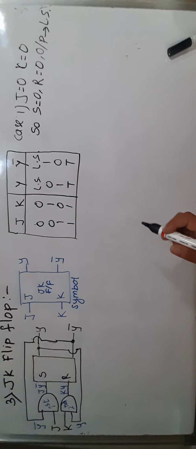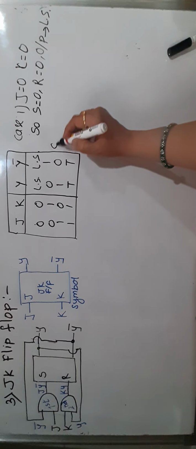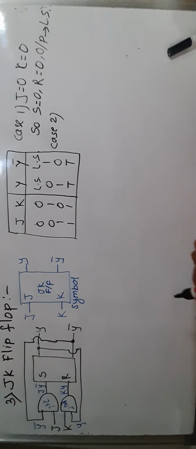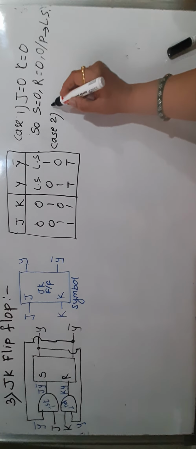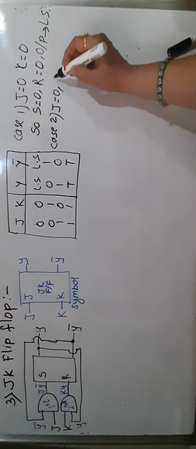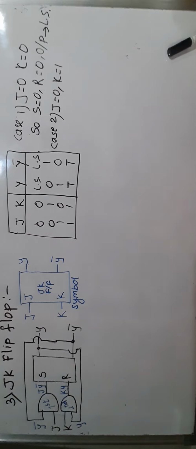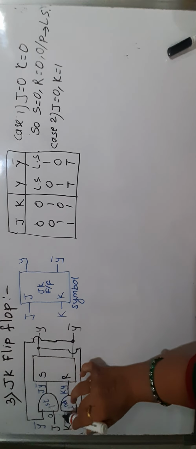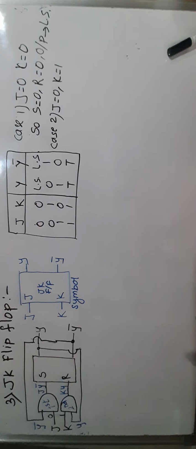Now case 2. In case 2, J equals 0, K equals 1. So J is 0, K is 1.